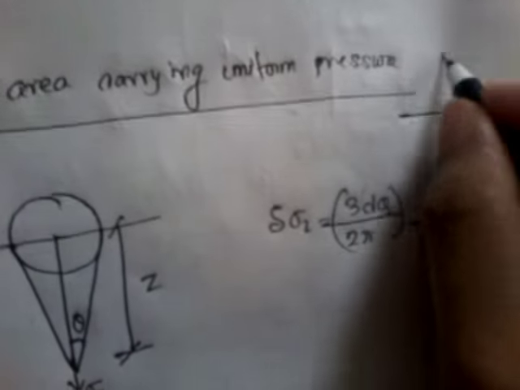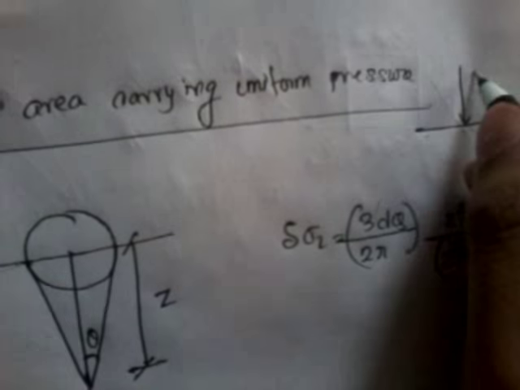Here there is a ground surface, and here is a point load, which is q.